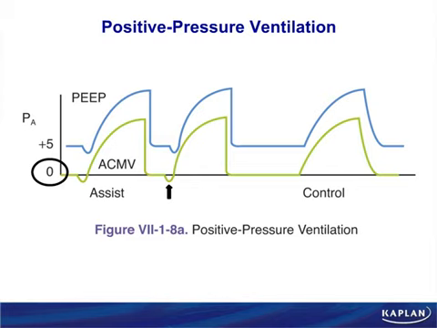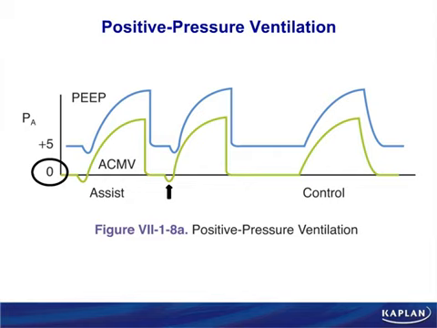That's the blue curve. Now notice on the blue curve that during expiration, pressure at the mouth is still positive. It's +5. So we're keeping positive end expiratory pressure. So we always have a pressure that is positive in the airways. Since we're at +5, then we're not returning to FRC.